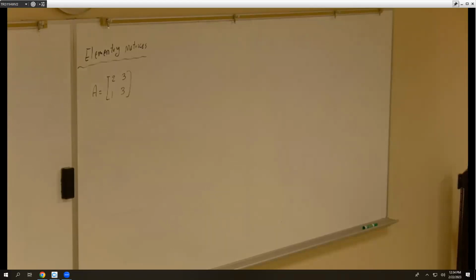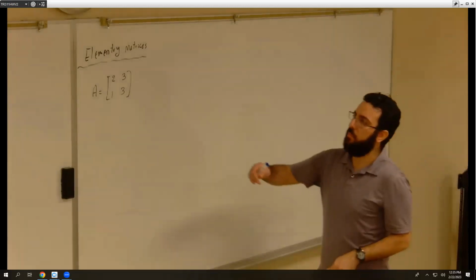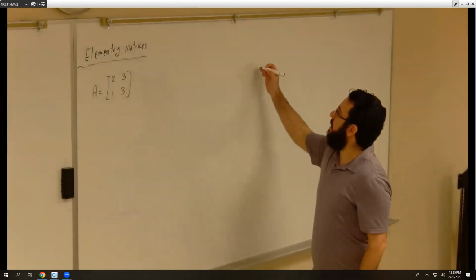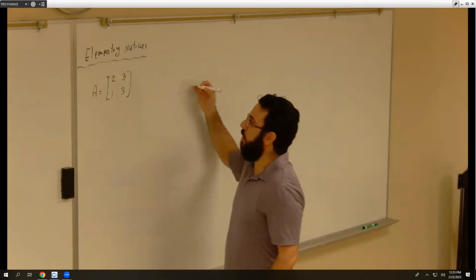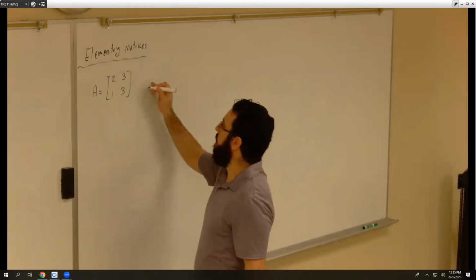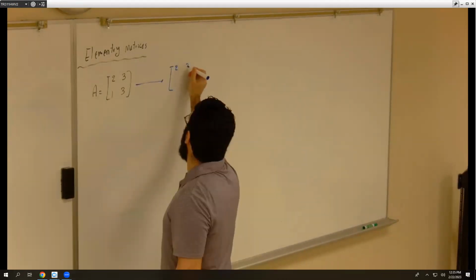Again, you have to practice how we're going to find the elementary matrices. First of all, I need to convert the matrix A to the identity matrix. So my goal is to convert this matrix to the identity matrix. That means I need to do some row operations on this one.